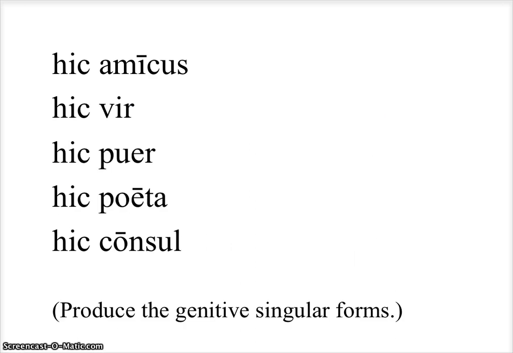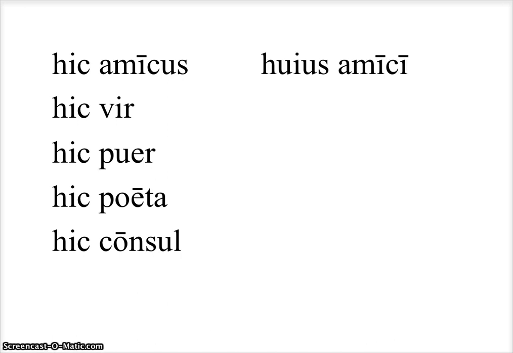Let's look at some forms. Hic amicus, this friend. Let's produce the genitive singular forms. What would that be? Huius amici. Let's do the same thing with hic vir, this man. Of this man, huius viri.